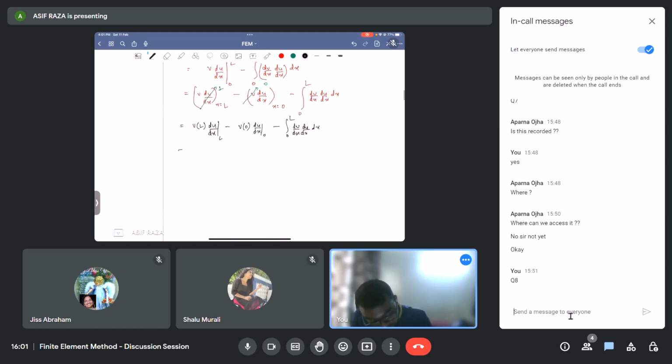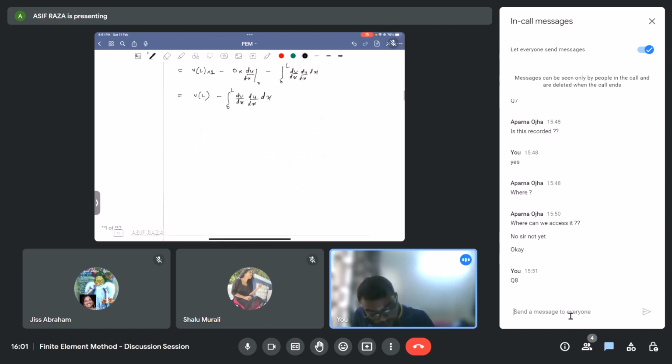This is V(L), this becomes 1, this becomes 0 times du by dx. So this is finally V(L) minus integral 0 to L dv by dx du by dx dx.